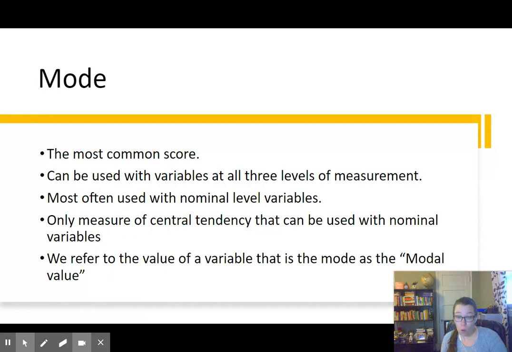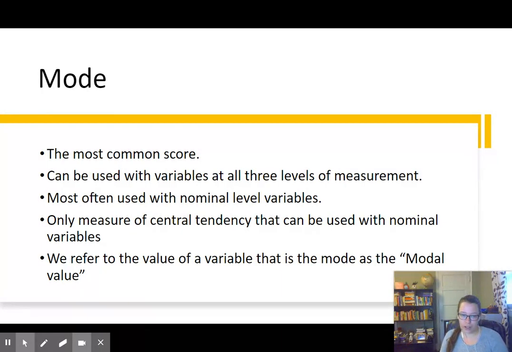So we frequently will only really see mode when it comes to nominal variables. You have to learn how to do it with all of them, obviously, but when it's actually used out in the wild, mode really only makes sense to use for nominal variables if you've got other options. There are exceptions to this case, however, that's generally how you will see it used.